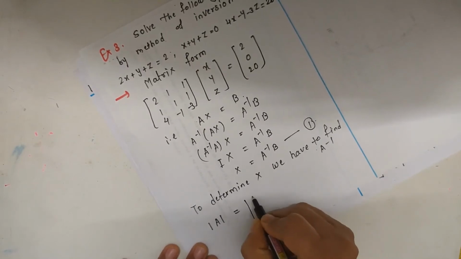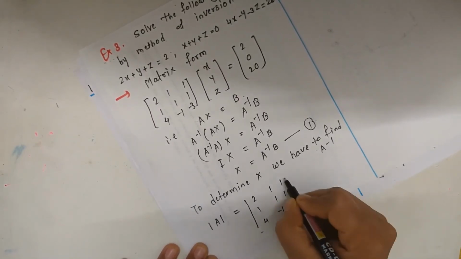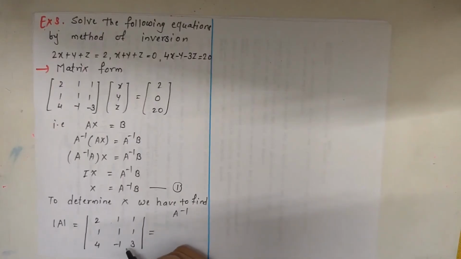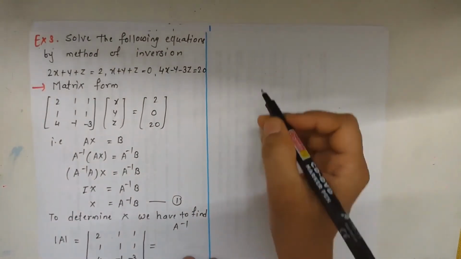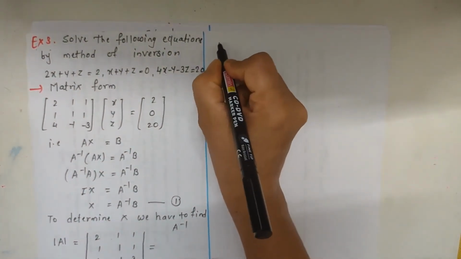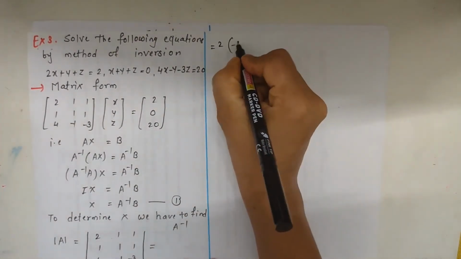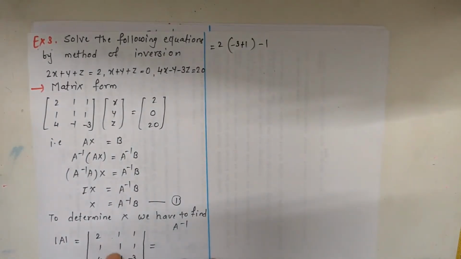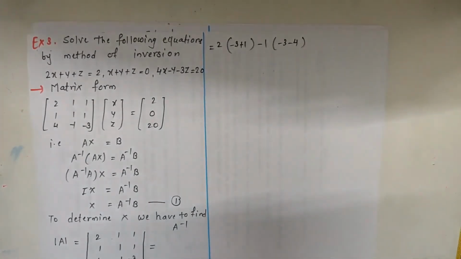Determinant A is 2, 1, 1, 1, 1, 1, 4, minus 1, minus 3. Calculating this determinant: 2 into minus 3 plus 1, minus 1, cross multiplication of the remaining elements, minus 3 minus 4.